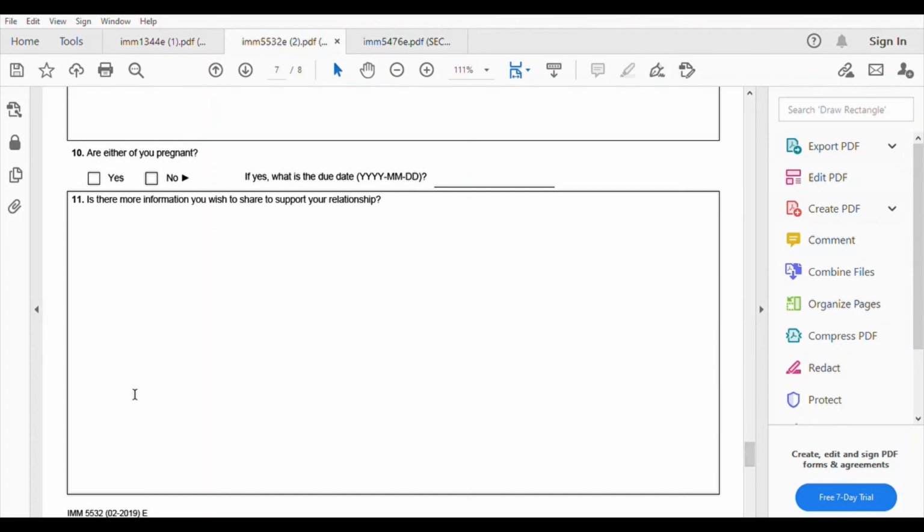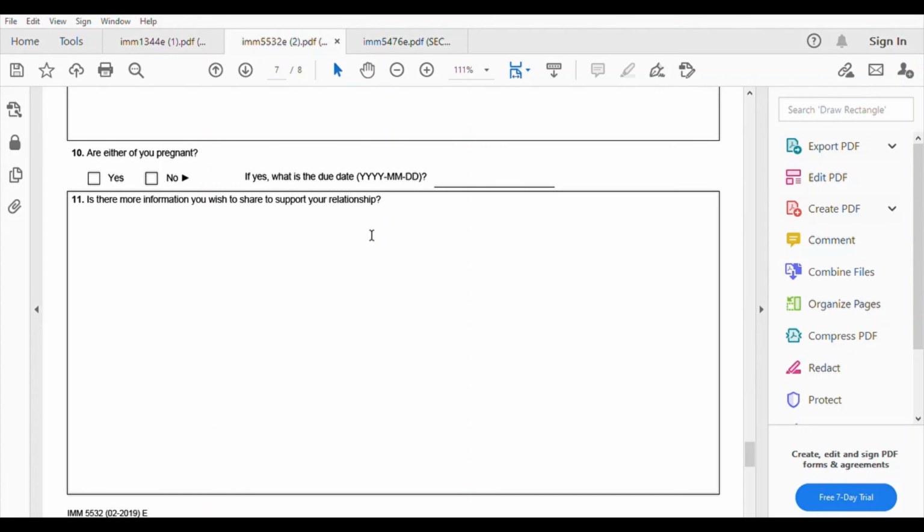This space, guys, is very important, because you can mention more details about your love story. Whether you are married or in a relationship, you mention how you met, how the relationship progressed, if there was a marriage, how it became a common law partner relationship, and how you decided to do the sponsorship.